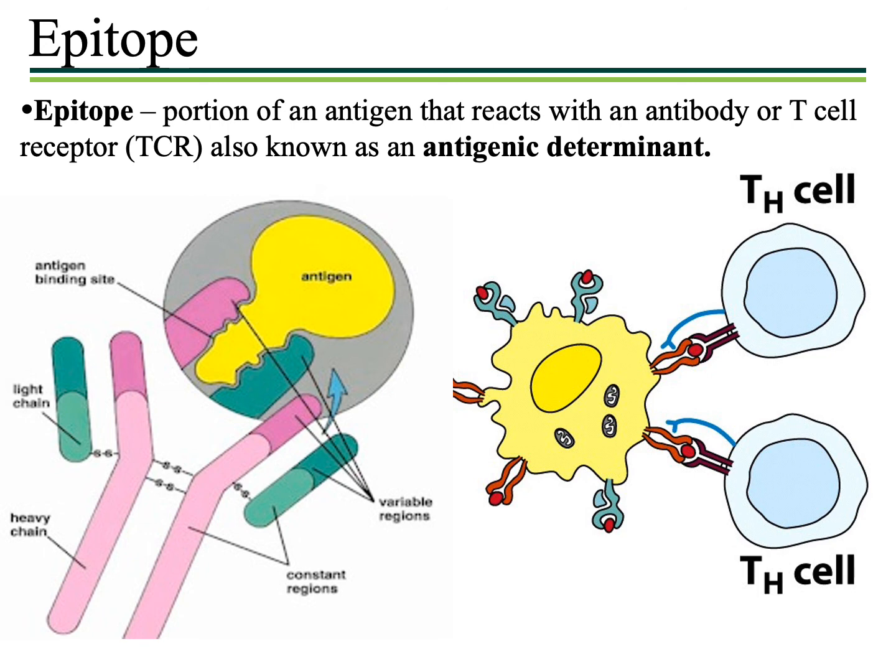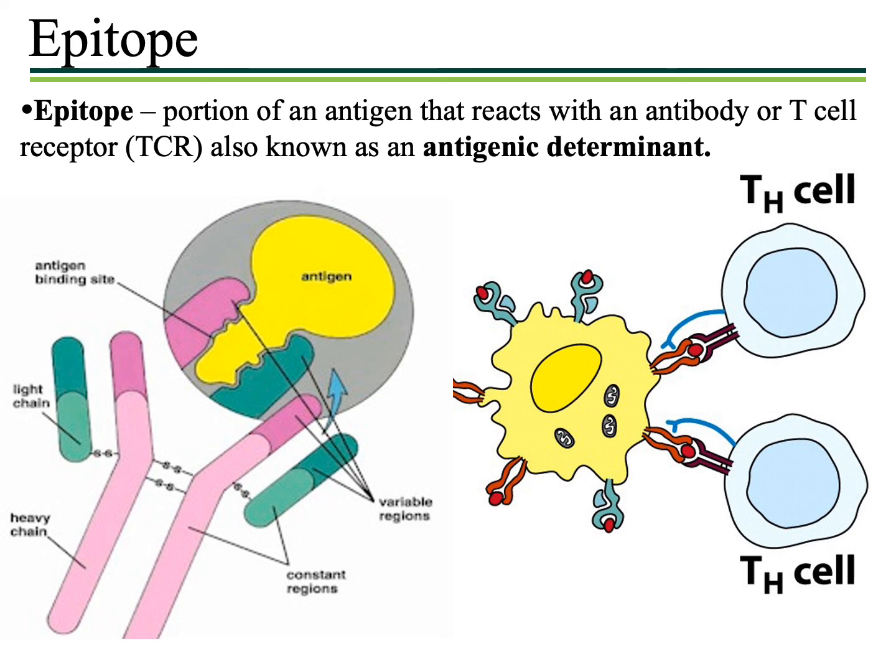So we're looking at the right-hand panel. The yellow cell represents an antigen presenting cell, and there is a receptor that does the presentation of the antigen, which is represented by the little red dot or sphere, and that is then presented to the T cell, in this case a helper T cell.